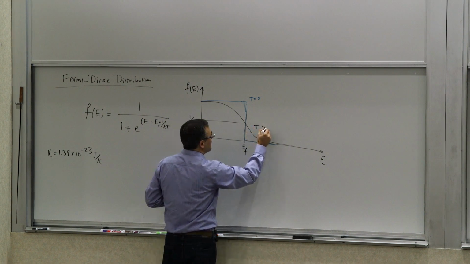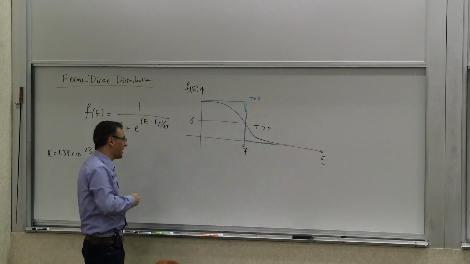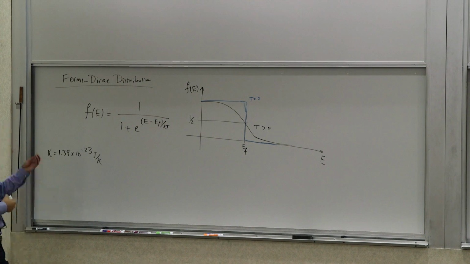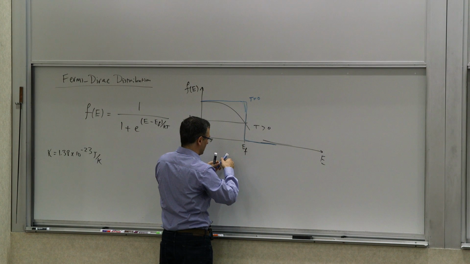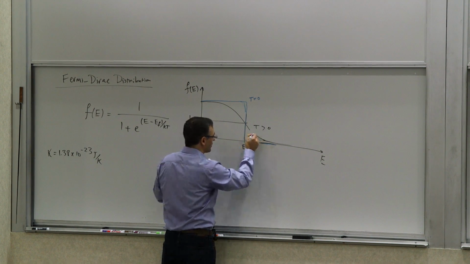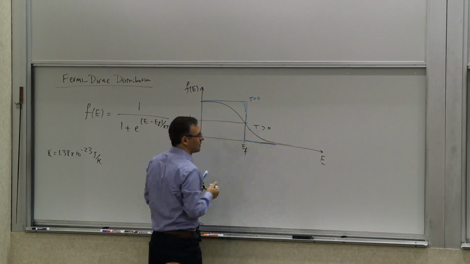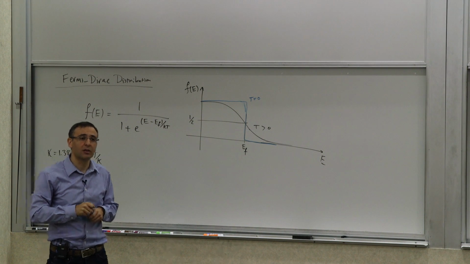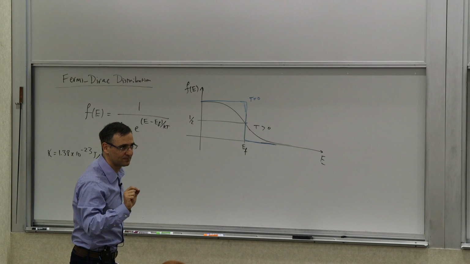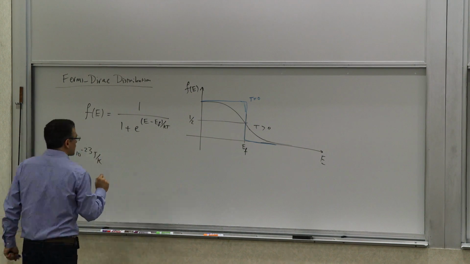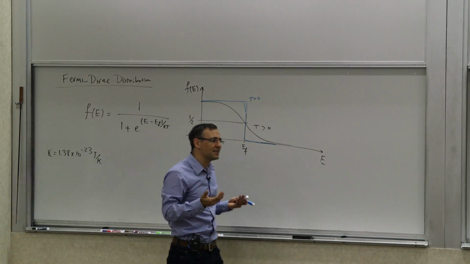Now, what the Fermi-Dirac distribution tells you is the probability of finding an electron at a given energy, for a given temperature, in thermal equilibrium. Again, I'd like to emphasize this, thermal equilibrium. So what does this mean?